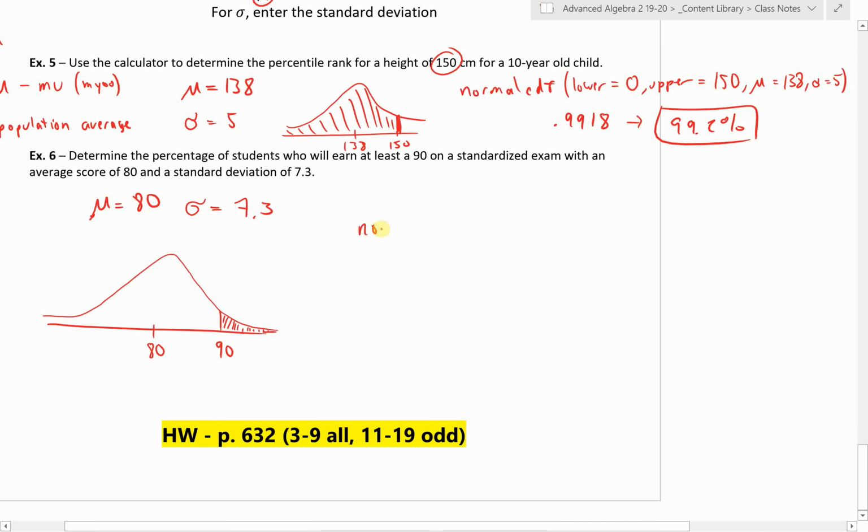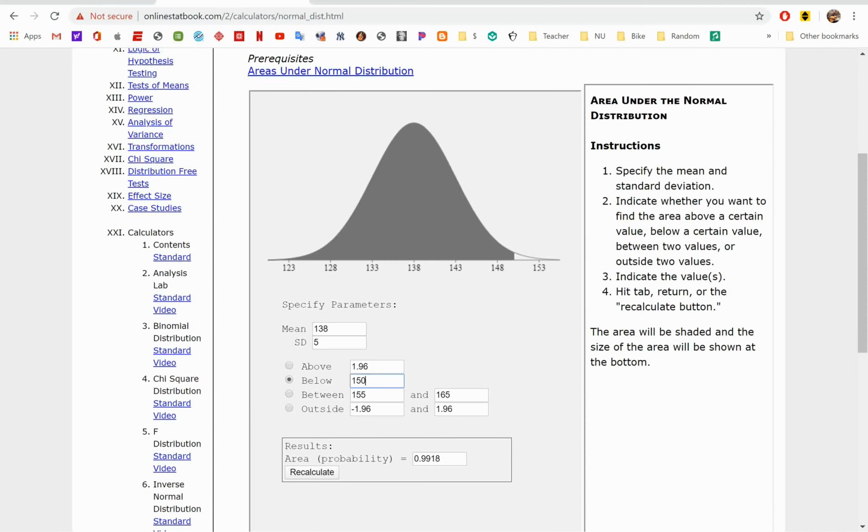And again, this is our normal CDF command. Our lower bound is 90. Our upper bound, well, we'll assume it's a 100-point test. And we know that the mean is 80 and the standard deviation is 7.3. So now we can go to our normal CDF calculator.